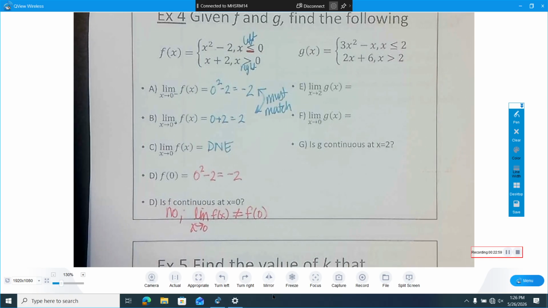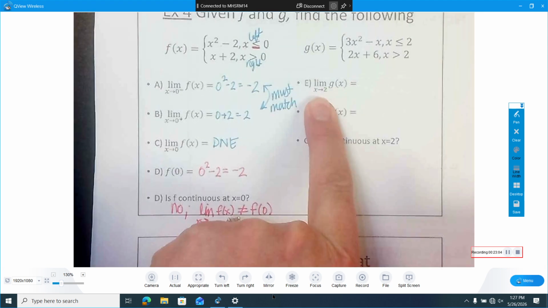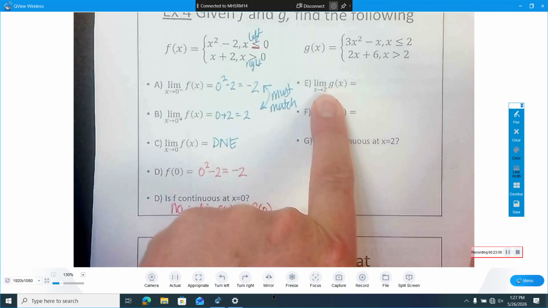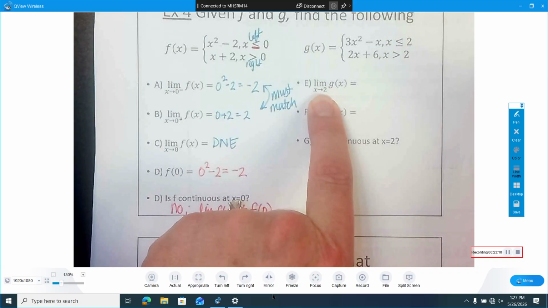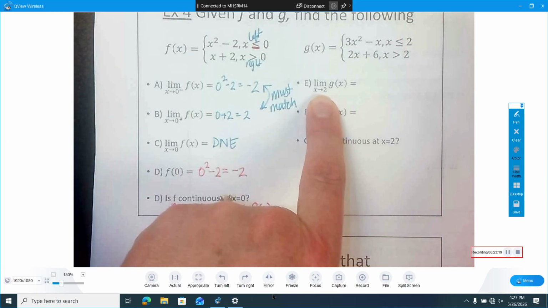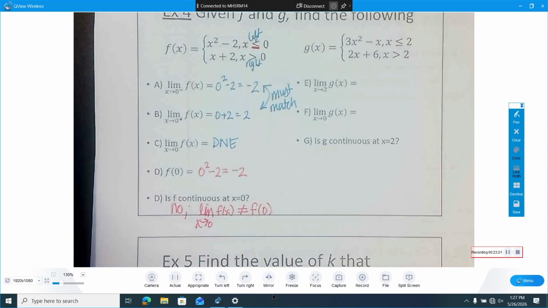Okay, G here. Here we want the limit as x approaches 2 on g of x. Ooh, what does this mean, the limit as we approach 2? What do we have to check? Both sides. We have to look at both limits.